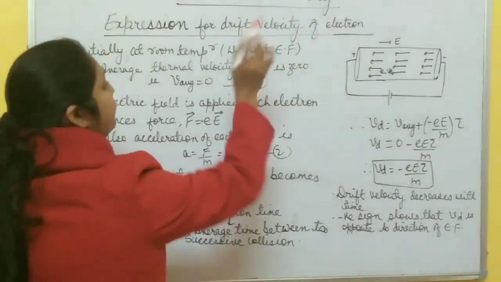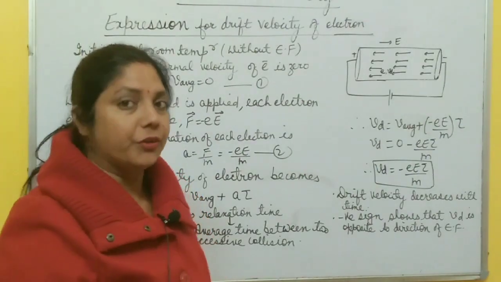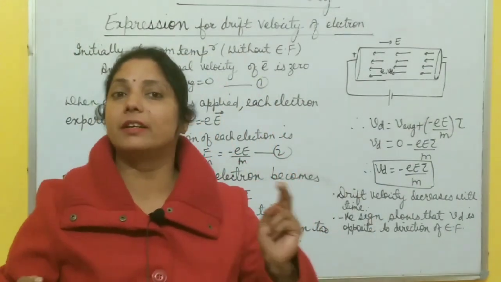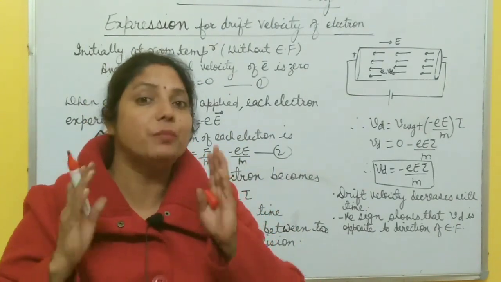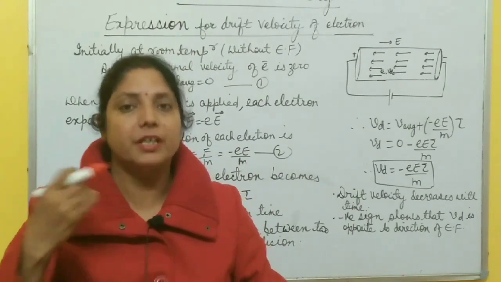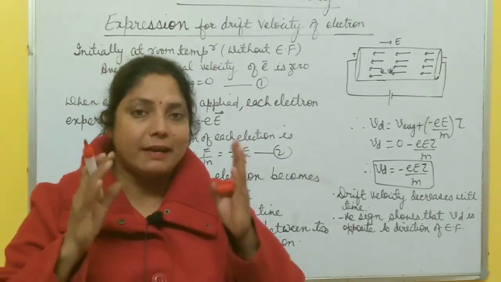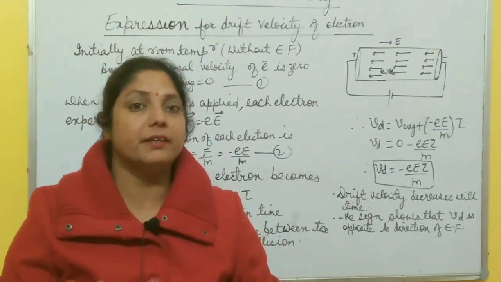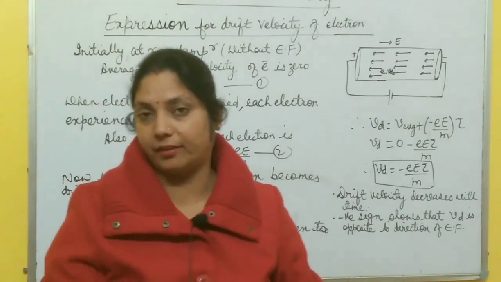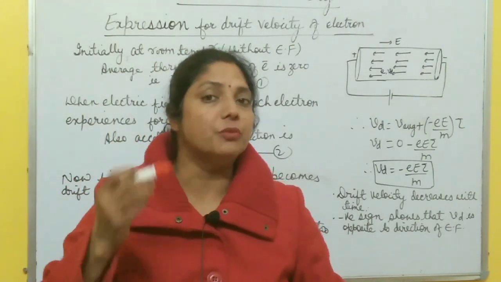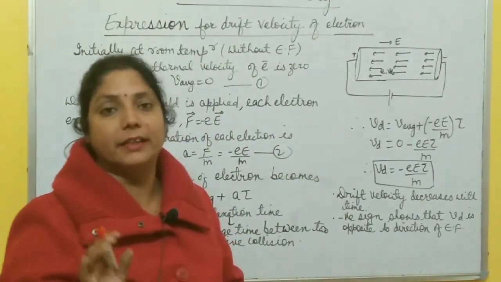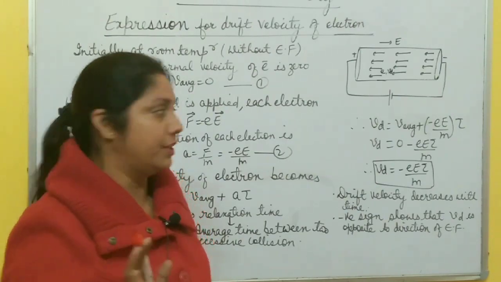Now, expression for drift velocity of electron. You know what thermal velocity is, what drift velocity is. Initially, when no electric field is applied, it means no battery is connected to a conductor, then the random motion of electrons constitutes thermal velocity. But when a battery is connected to a conductor, it means when an electric field is applied, then under the action of that electric field, electrons start moving in a particular direction towards the positive end of the conductor. That constitutes drift velocity, right?